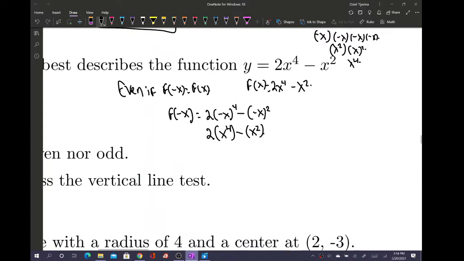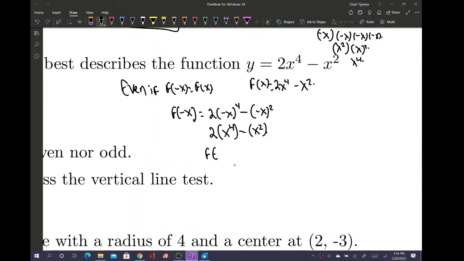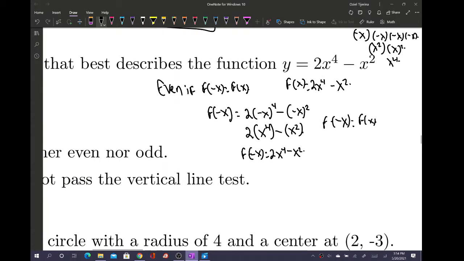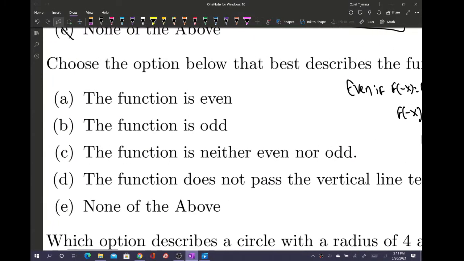So f of -x would be 2x to the 4th minus x squared. Now, it does equal f of x. F of -x does equal f of x. So it is even.